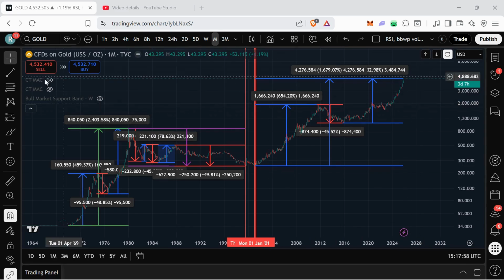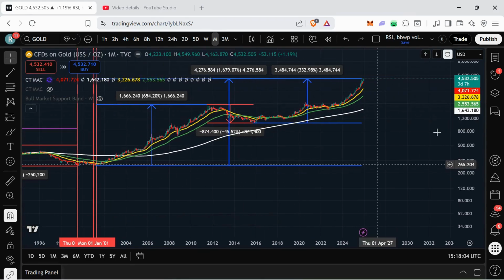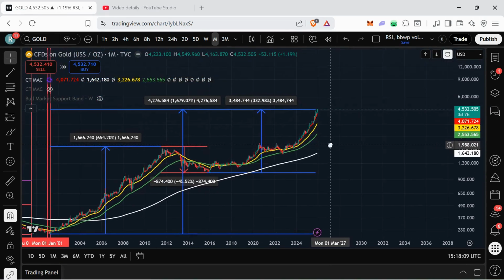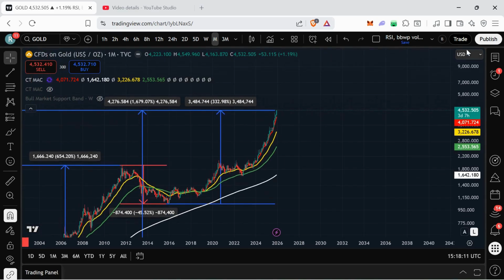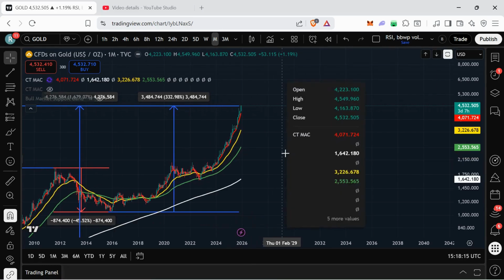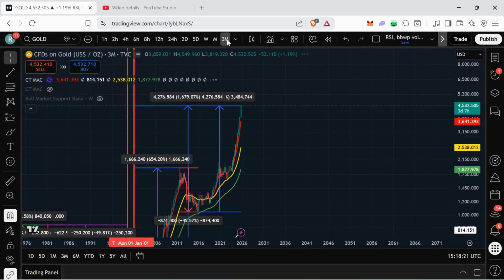So if we throw on some lines here and zoom in, some moving averages here. I should really get a mouse and make this a lot easier. What I'm looking at here is a monthly, but I think it's a little bit more clear in a quarterly.